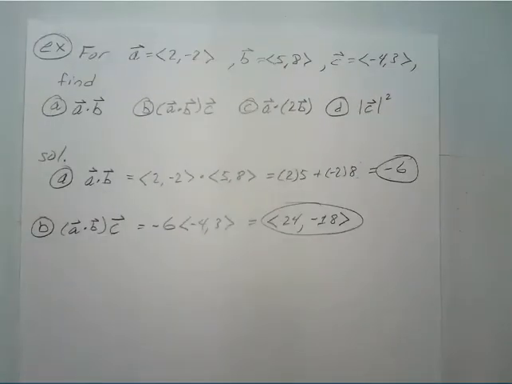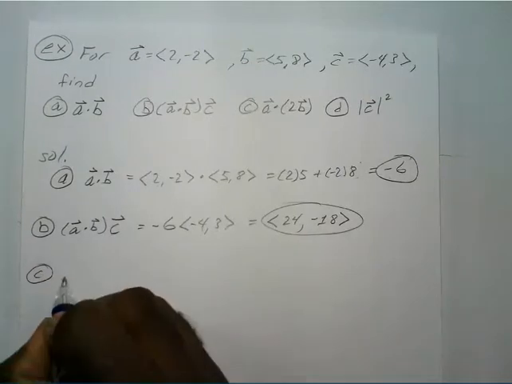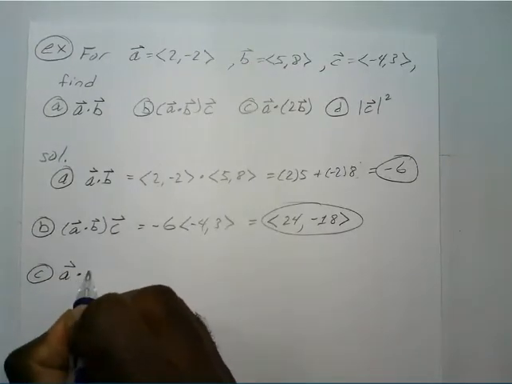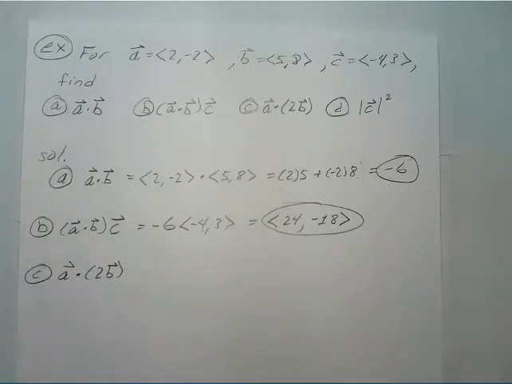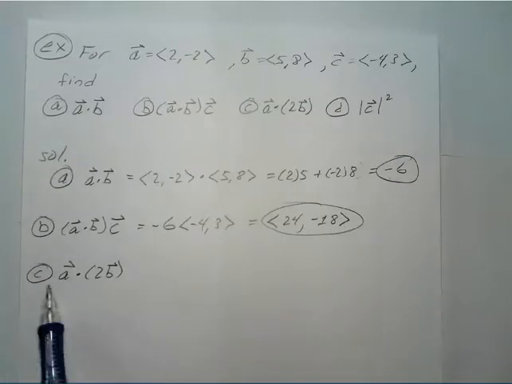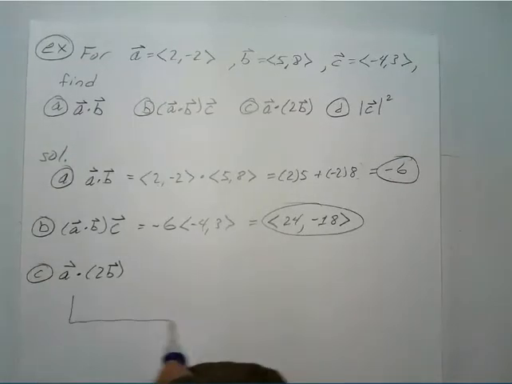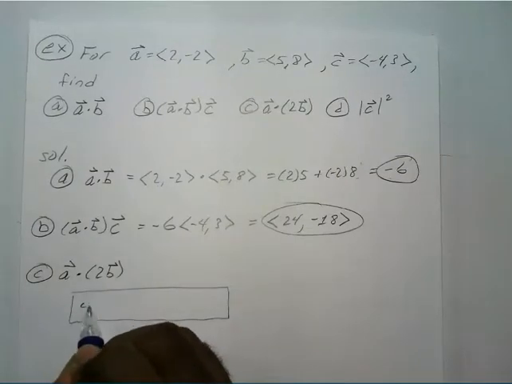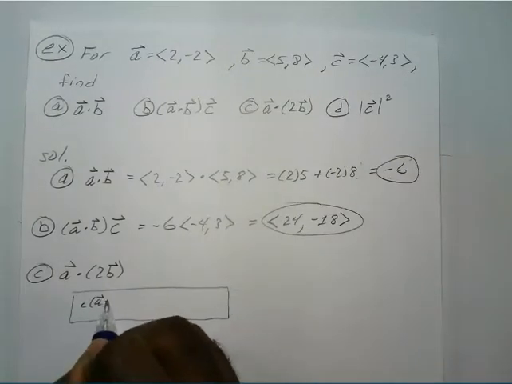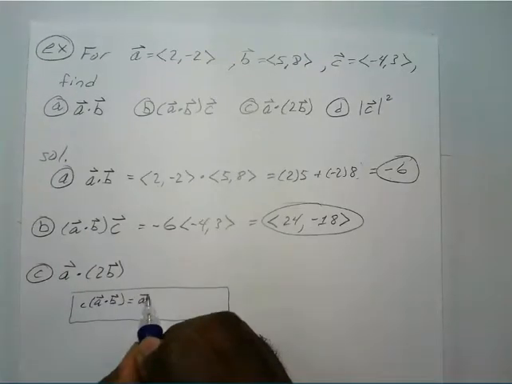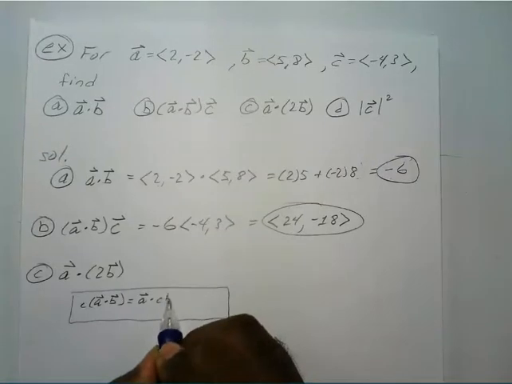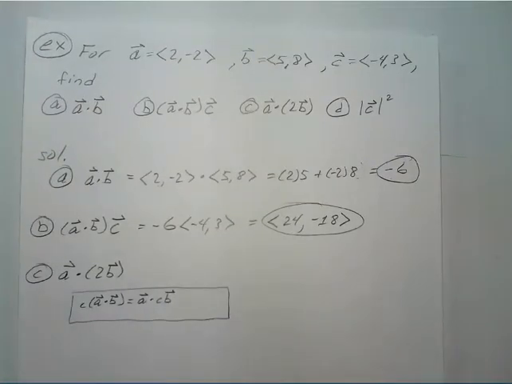All right, so for problem C, we have the dot product of A and 2 times the B vector. Now remember the property where we can move the constant around: a constant times the dot product of A and B can actually equal the dot product of A and that constant times the B vector.